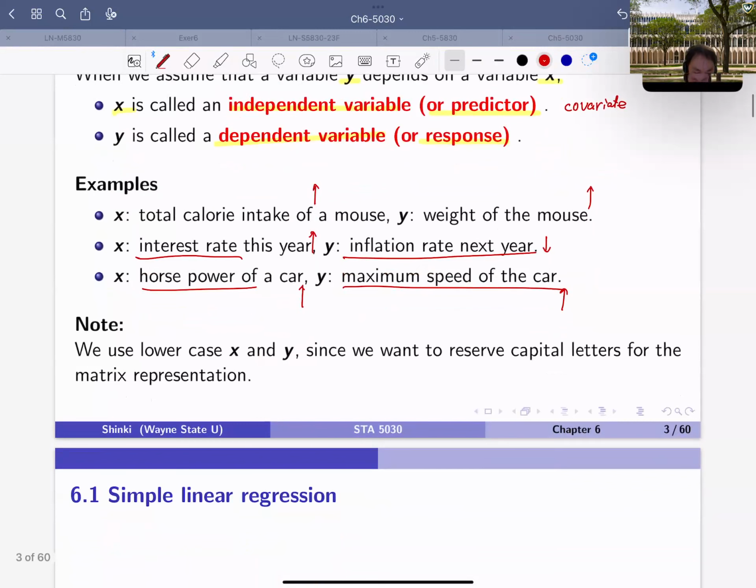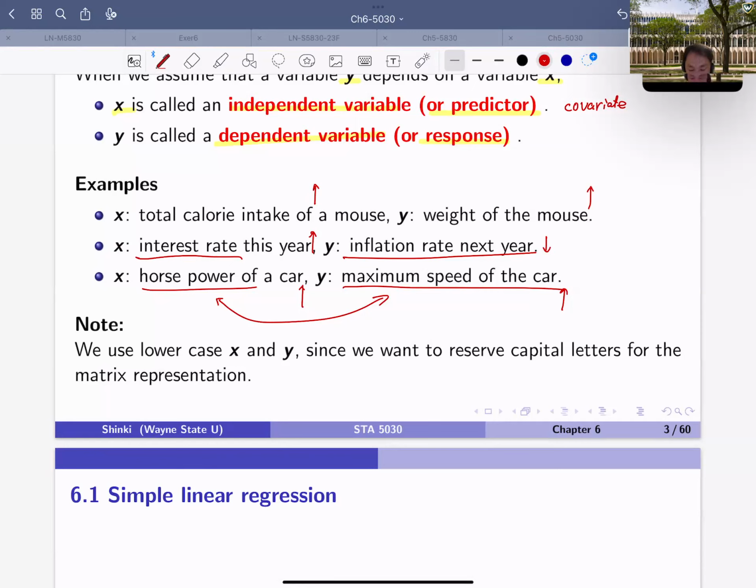And this isn't really causation, but just correlation. So if the horsepower of a car is higher, then the maximum speed of the car is higher. It sounds like causation, but you can flip the relationship as well. If the maximum speed of the car is higher, then the horsepower is higher.